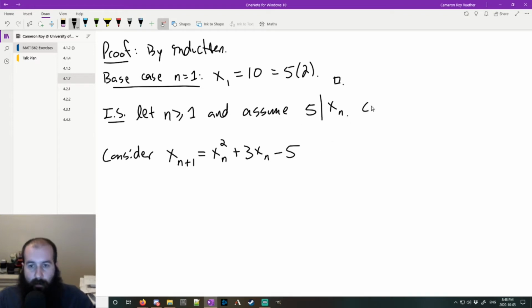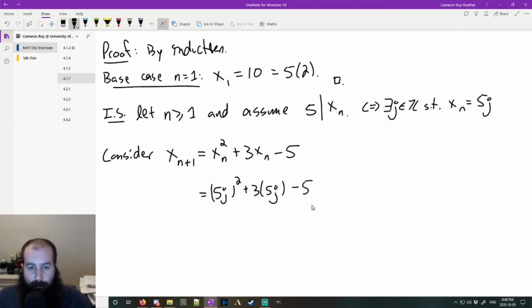In particular, this means that there is some integer j such that x sub n is 5j. So here we can just replace this. It means that this is 5j squared plus 3 times 5j minus 5.